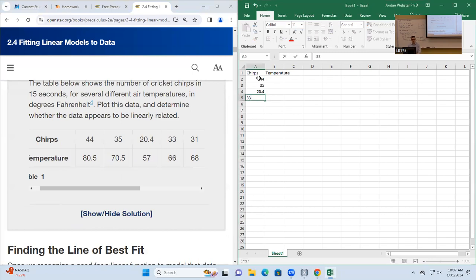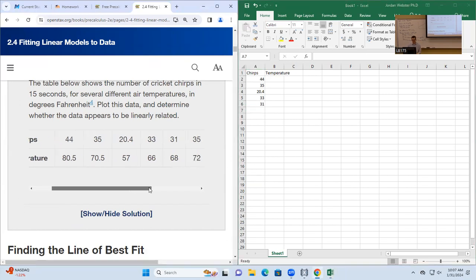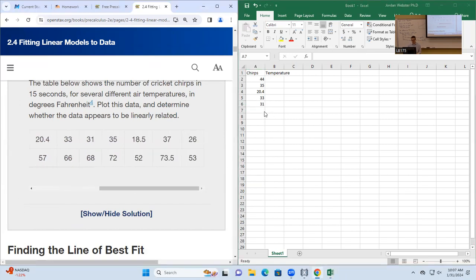Everybody see what I'm doing? I'm just putting in the data. Right now I'm putting in all of the chirps, and then I'll put in the corresponding temperatures in just a second.